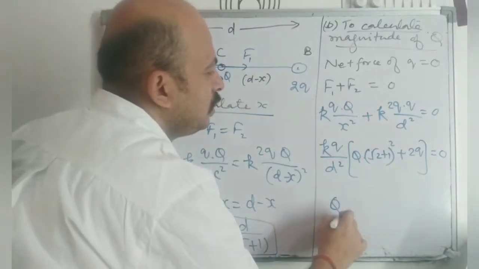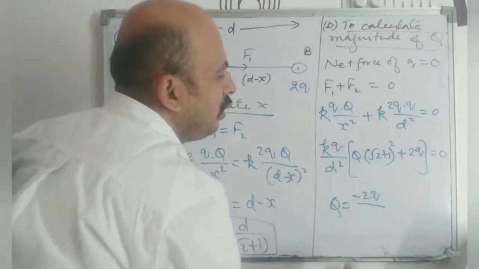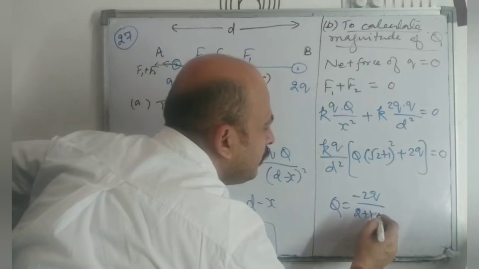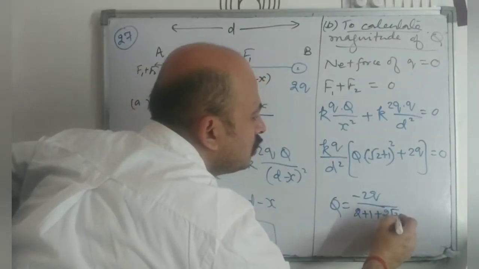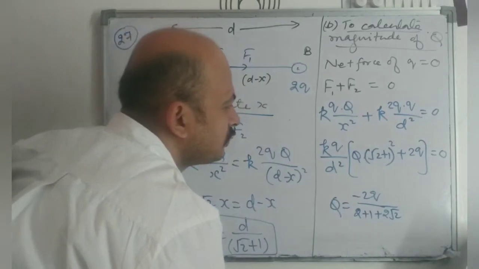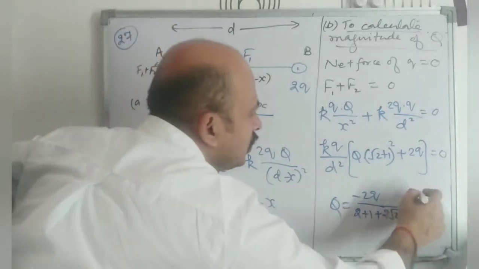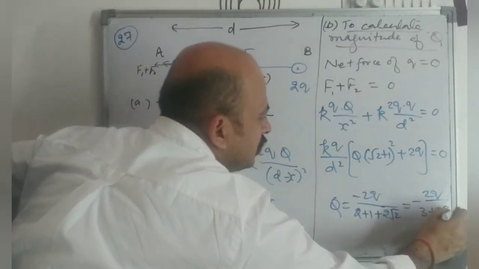So Q will be equal to minus 2q upon the square of this, and the square of this will be 2 plus 1 plus 2 root 2. So it becomes 3 plus 2 root 2, and Q is minus 2q upon 3 plus 2 root 2.